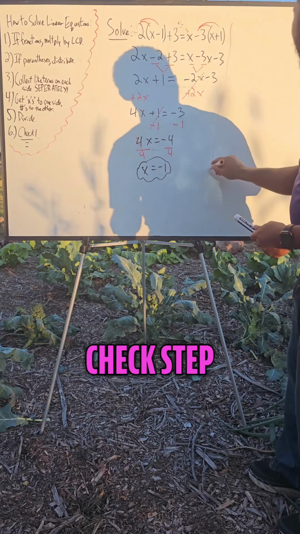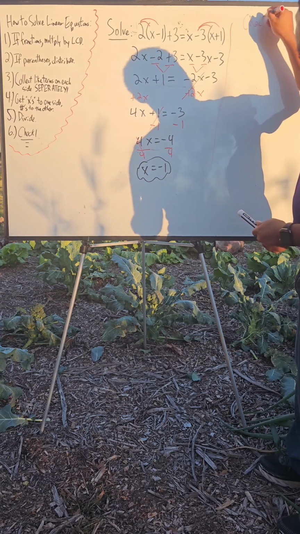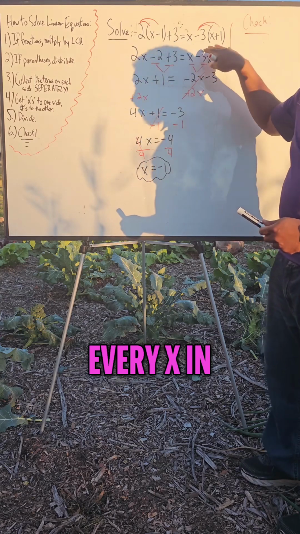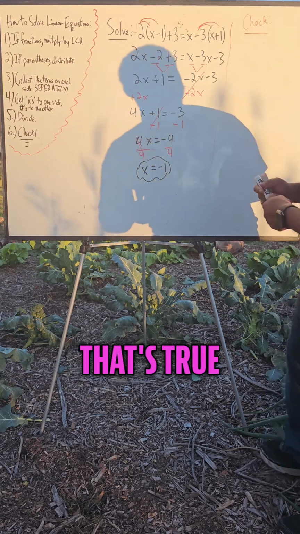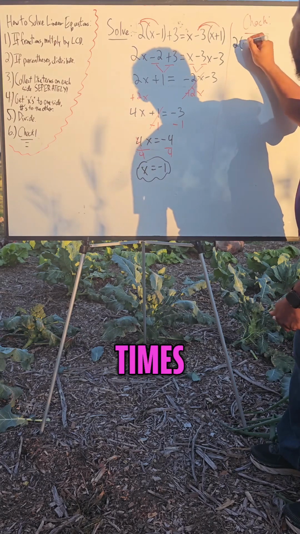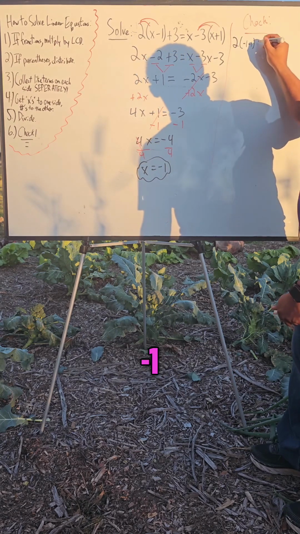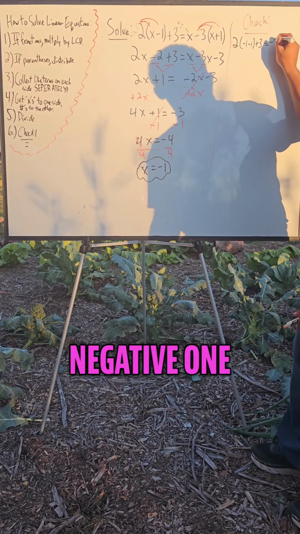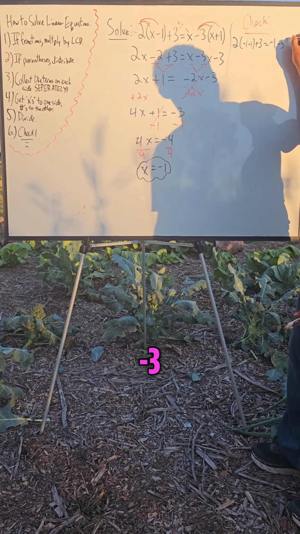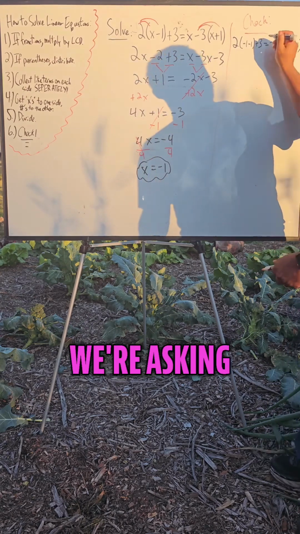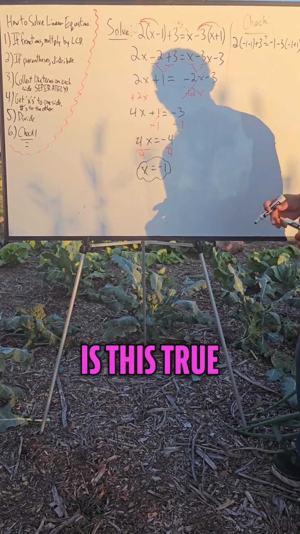Here's our check step. Okay, let's check. So I'm going to plug in negative 1 for every x in the original equation, see if I get something that's true. Meaning, 2 times negative 1 minus 1 plus 3 equals negative 1 minus 3 times negative 1 plus 1. Let's see if this is a true statement. We're really asking a question, is this true?